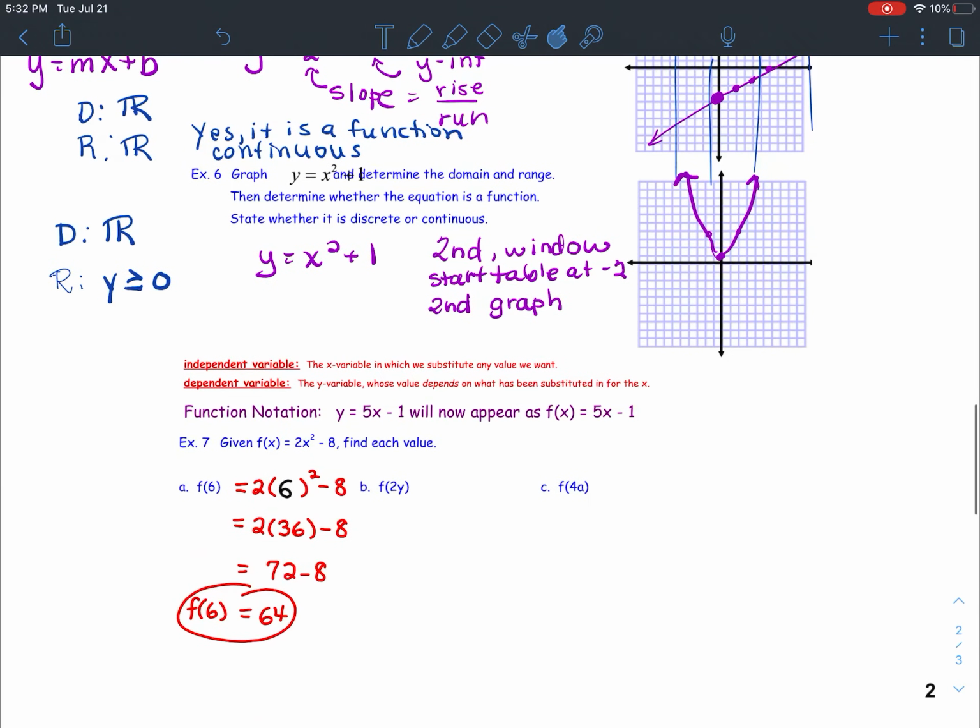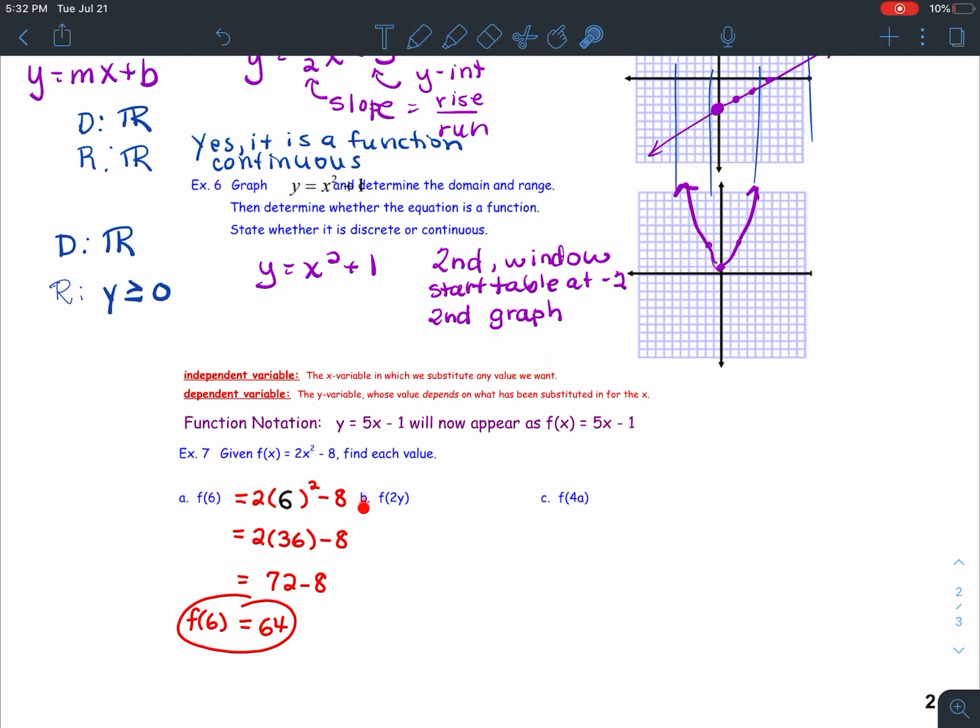Okay, the last couple problems we'll just take a quick peek at is how to simplify expressions like f of 2y, f of 4a. Here's what they're wanting you to do. You can see up here, they give you the equation for f of x.